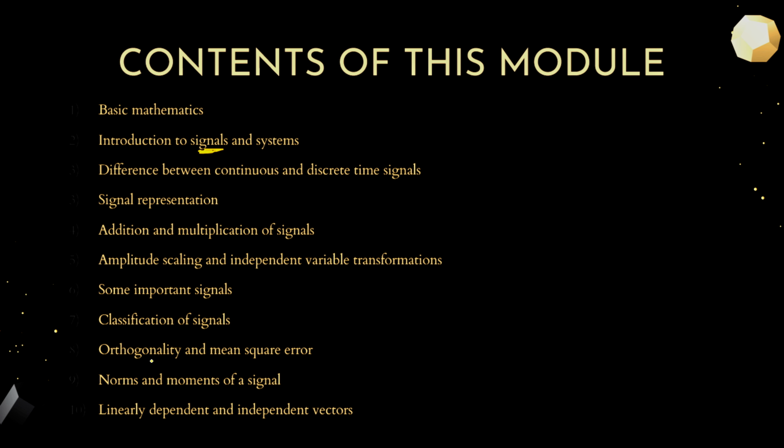After that, we have orthogonality, orthonormality, and what are the conditions for certain signals to be orthogonal or orthonormal. And then we talk about mean square error, which helps us to represent one signal in terms of another signal. And then we have a few very minor topics, which are norms, moments, and linear dependency of vectors.